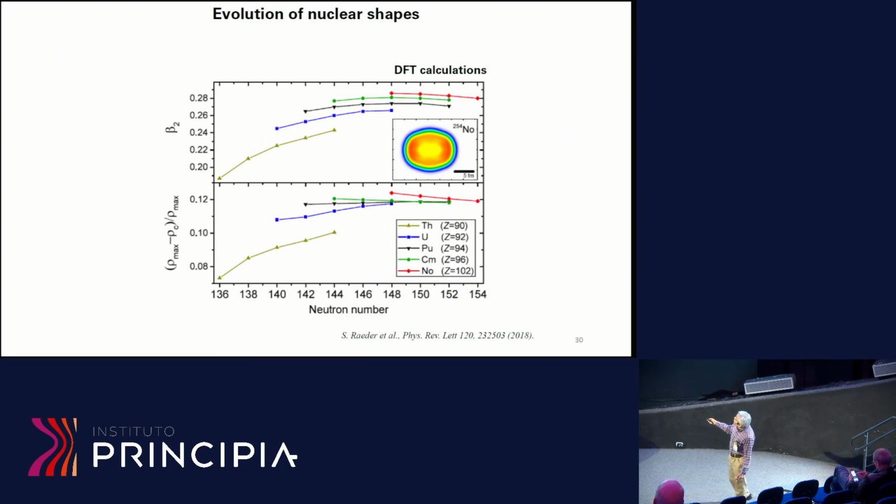This figure shows the evolution of the nuclear shapes as a function of neutron numbers, and the beta-2 parameters change like this. And it is predicted that the depression of the central densities occurs as the beta-2 parameters increase like this.